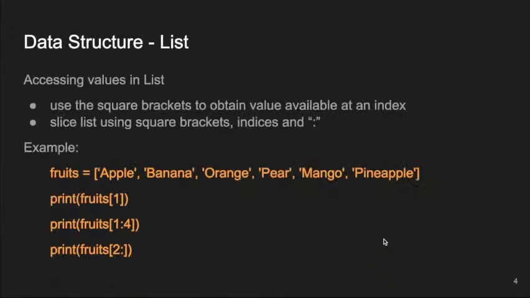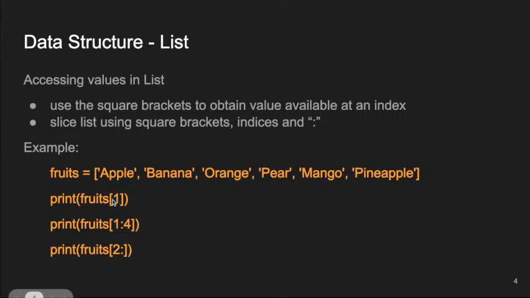Okay, so how do we access members of the list? You can see this is the list of our fruits with 6 different types of fruits. If you want to access a member, we use the square bracket. You can also access other parts of the list still using the square bracket, but I'll talk about this shortly.